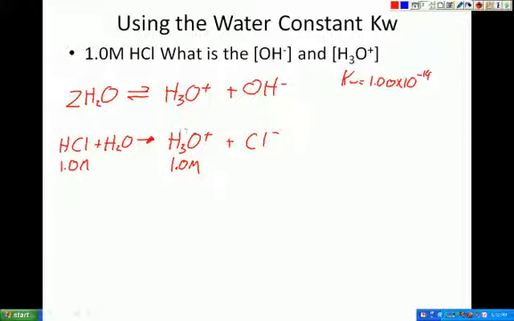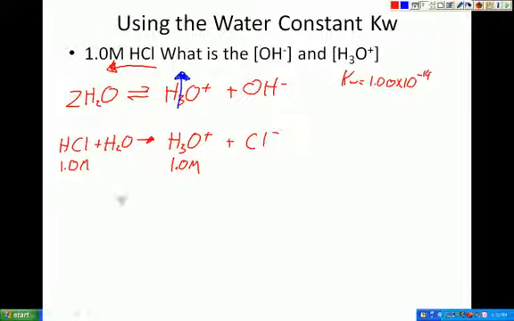Since these are the same, it's going to increase this concentration and force this reaction to shift left. So that means the H3O+ is going to increase and the OH- is going to decrease, but the Kw is always going to remain the same.